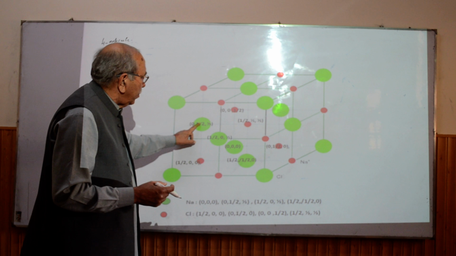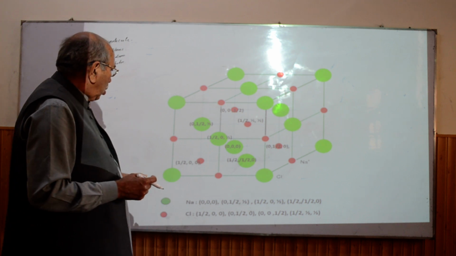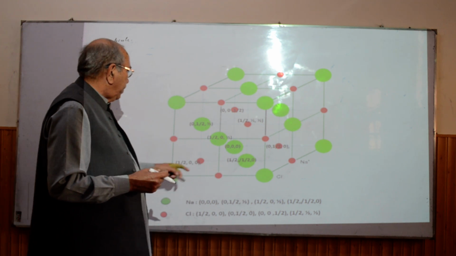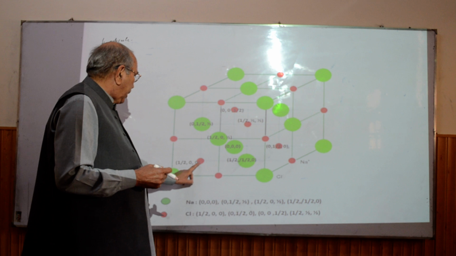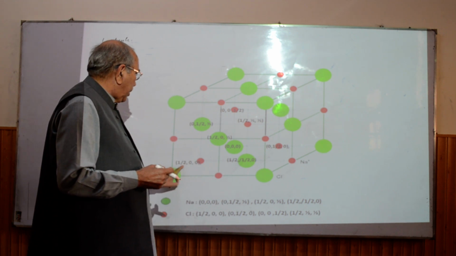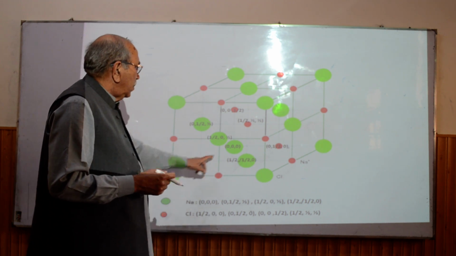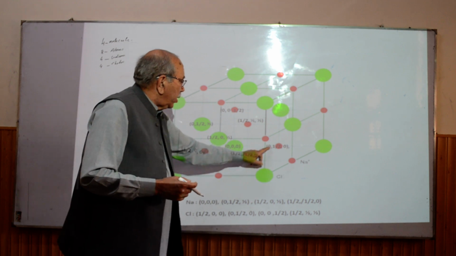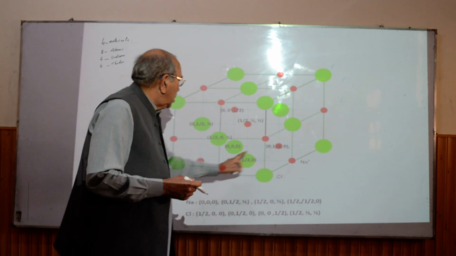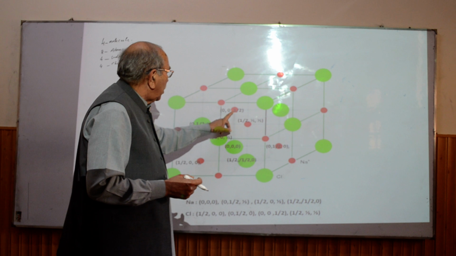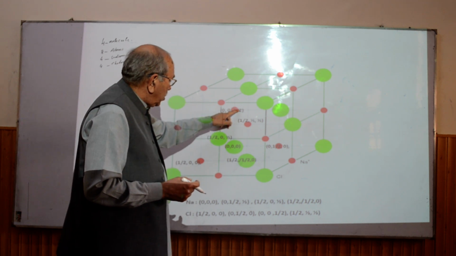And the 4 chlorines will be, if this is sodium, the next will be chlorine: 1 by 2, 0, 0. This is sodium, this will be chlorine, 0, 1 by 2, 0. This is sodium, this will be chlorine, 0, 0, 1 by 2.